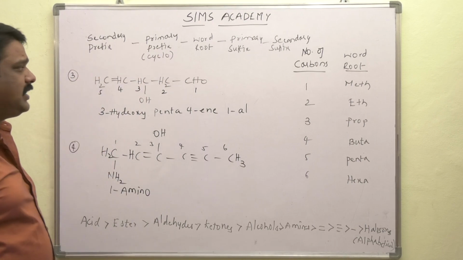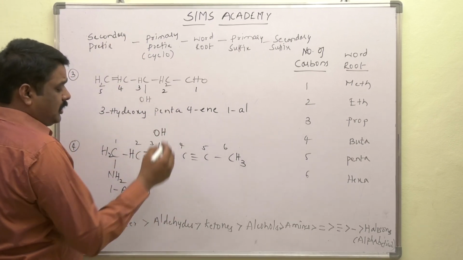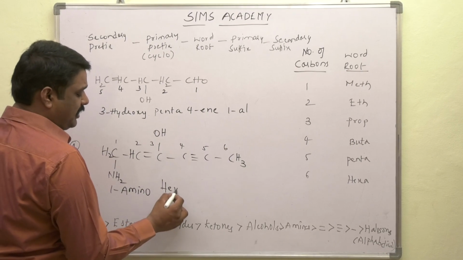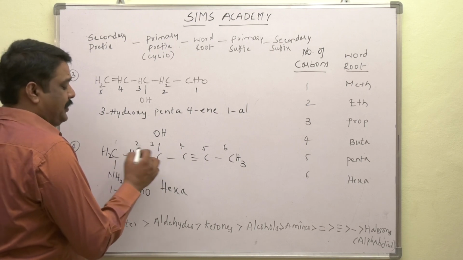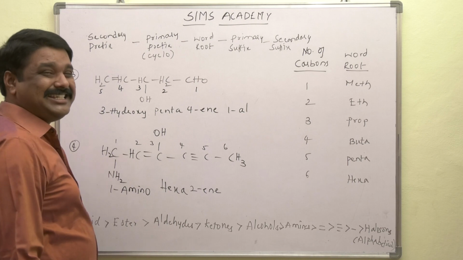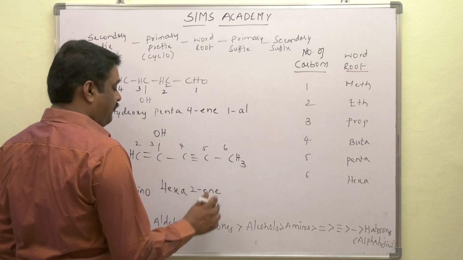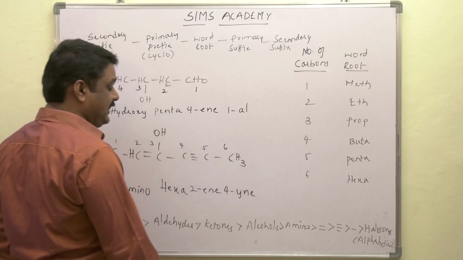Coming to primary prefix, it is not present. Next, coming to word root, we have 6 carbon atoms, then we mention it as hexa, and the double bond is present between second and third carbon atoms, 2-ene. Triple bond is present between 4 and 5 carbon atoms, 4-yne.